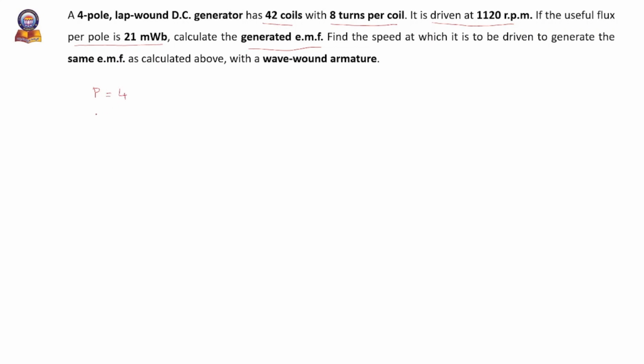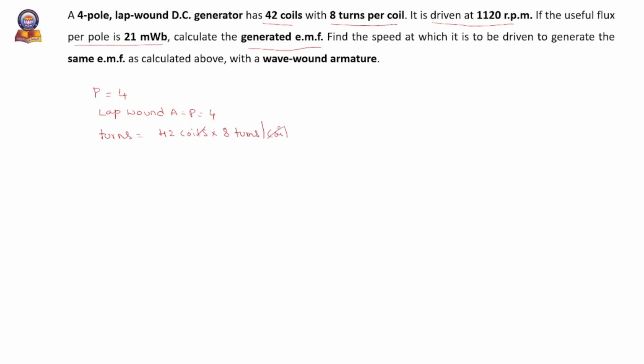P is 4 and lap wound, so A equals P, which is equal to 4. Turns is equal to 42 coils multiplied with 8 turns per coil.